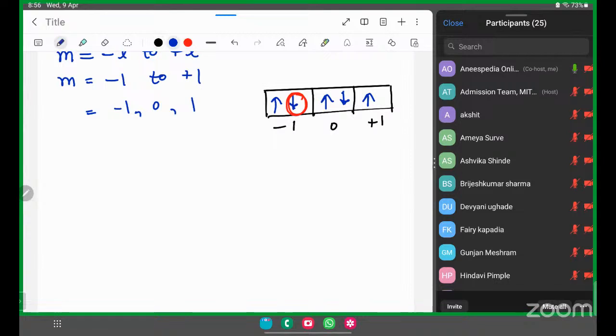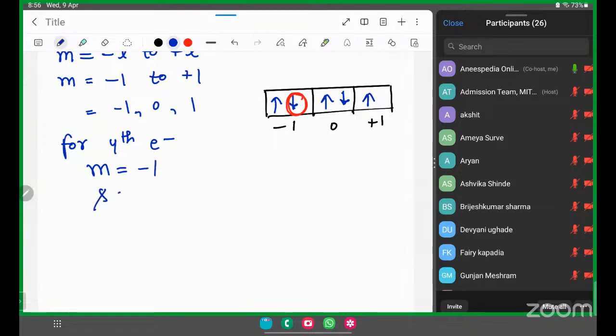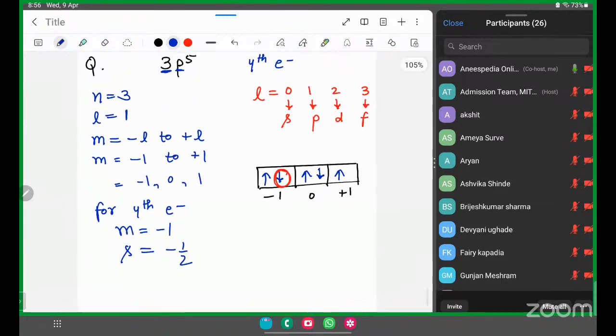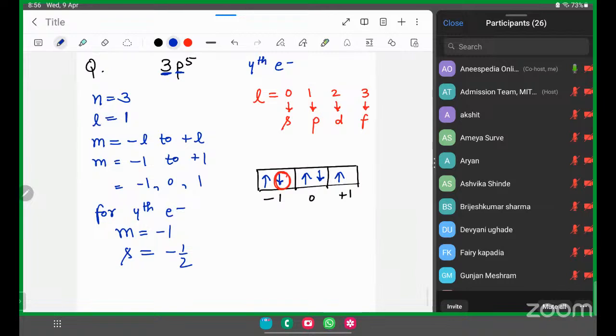So for the fourth electron, the value of M is minus 1. And the value of S, because it is downward, will be minus 1 by 2. This is the way to calculate quantum numbers for an electron. Understood or any doubt?